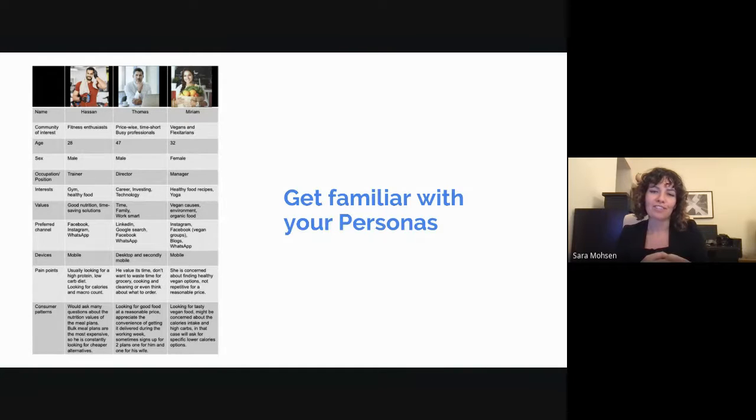She values vegan causes, the environment, and organic food, and her preferred channels are Instagram, Facebook, specifically vegan groups on Facebook, blogs, and WhatsApp. Mobile, of course, is the main device. She is concerned about finding a healthy, non-repetitive vegan option for a reasonable price. Looking for vegan food, but also with a good variety.